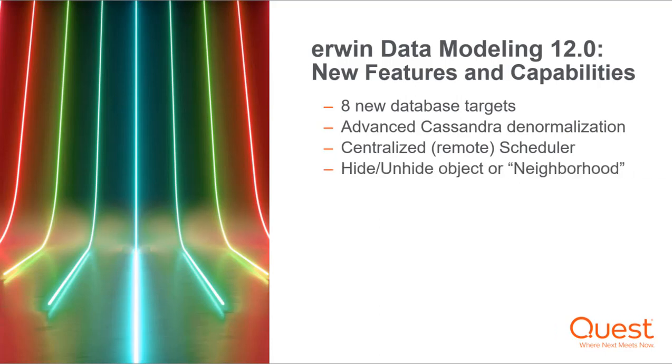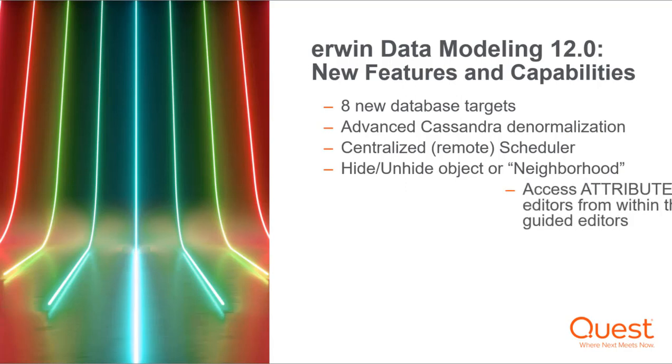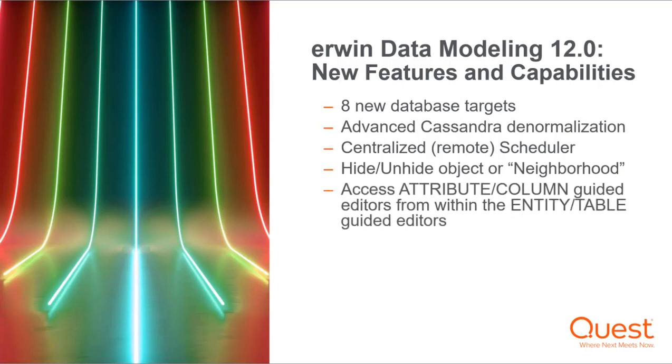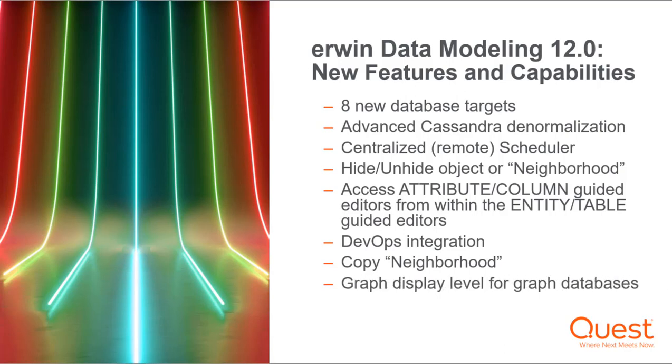Hide or unhide objects and/or neighborhoods. Access the attribute and column guided editors from within the entity or table guided editors. DevOps integration. Copy neighborhood. Graph display level for graph databases. Generate diagrams as PDF documents.